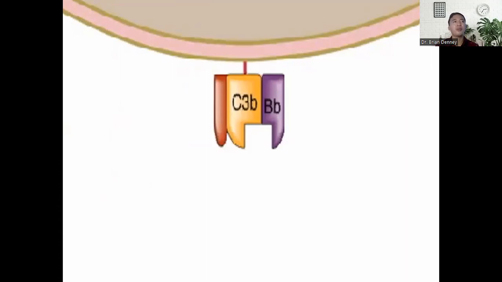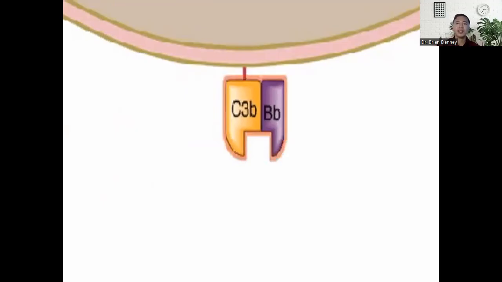So the role of your properdin here is to stabilize your C3 convertase such that it increases its half-life, so it can cleave more C3 molecules. So it has to be C3bBbP. There must be a P after the Bb.